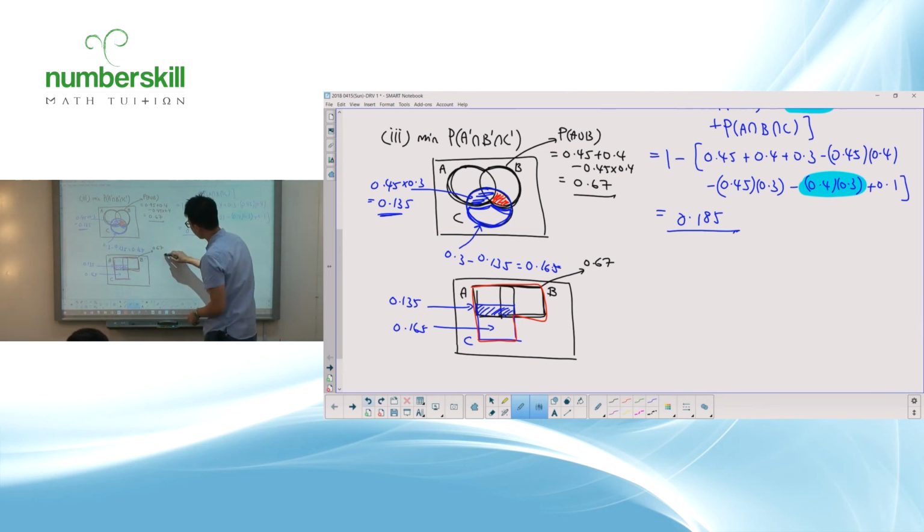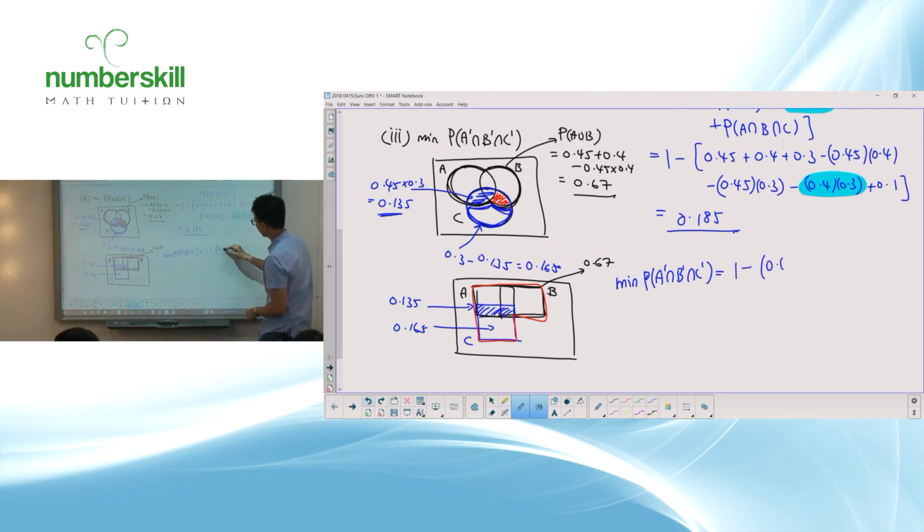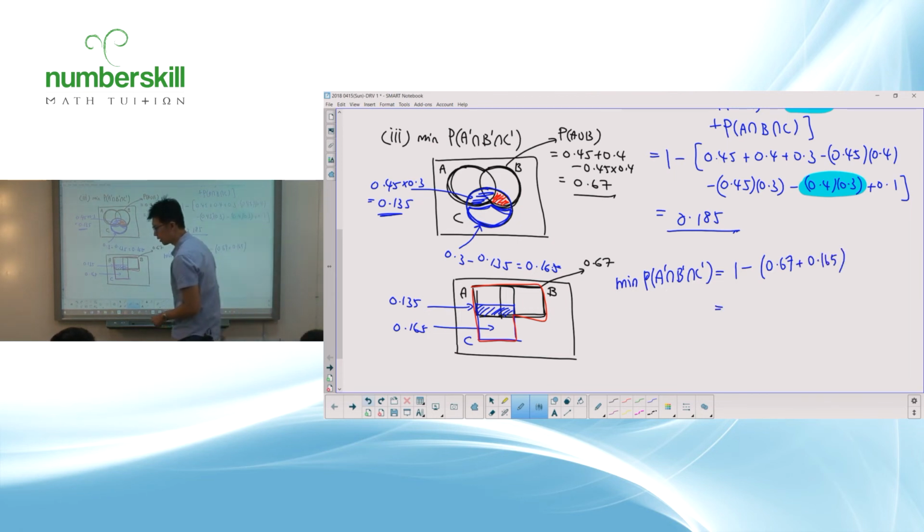Our minimum A prime intersect B prime intersect C prime will be 1 minus the 0.67 plus 0.165. Okay? Then I believe the answer, if I'm not wrong, is 0.165 as well, right? So, just to make sure. Yep.